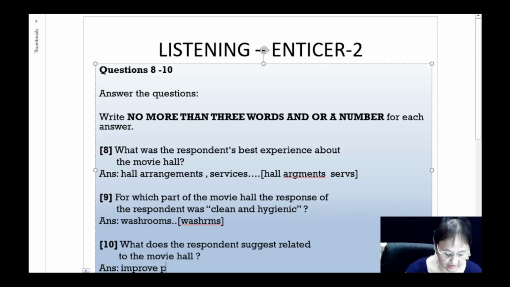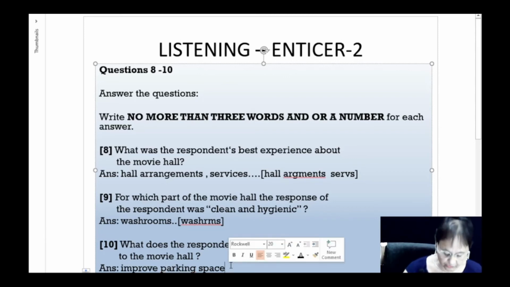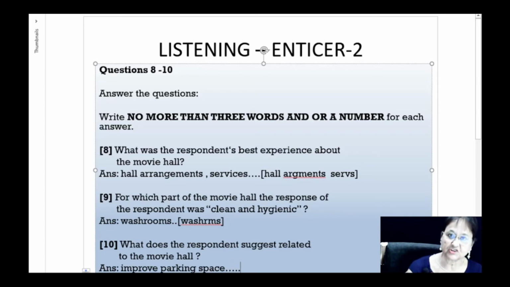So in connection with that, the answer has to be improve parking space. Okay. Now if you have to write an abbreviated version of that, so IMP. Now you will think IMP could also be important.